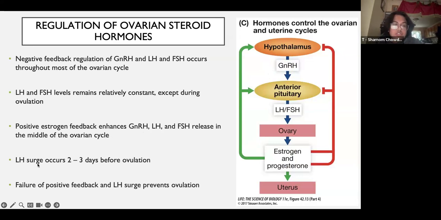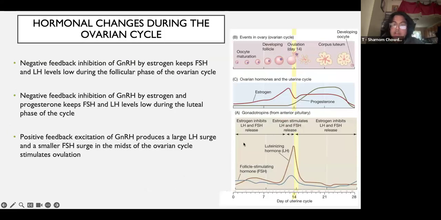Your luteinizing hormone surge occurs 2 to 3 days before ovulation, and failure of positive feedback and the luteinizing hormone surge prevents ovulation. If estrogen doesn't stimulate luteinizing hormone and FSH and the positive feedback loop does not occur, then ovulation cannot occur. So ovulation, over here on day 14, occurs because luteinizing hormone, like progesterone as well, but luteinizing hormone definitely, increases to such an extent where ovulation can occur.